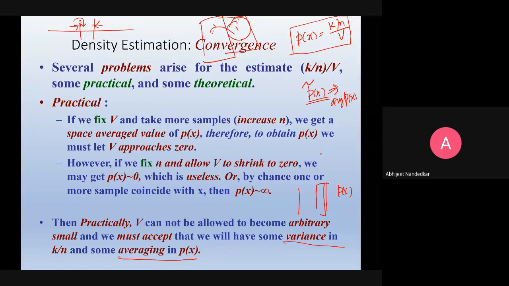This p of x tilde is the estimation, which will not be equal to the actual distribution p of x, but will be some kind of approximation near to it. Still it is fine, because it works very well.